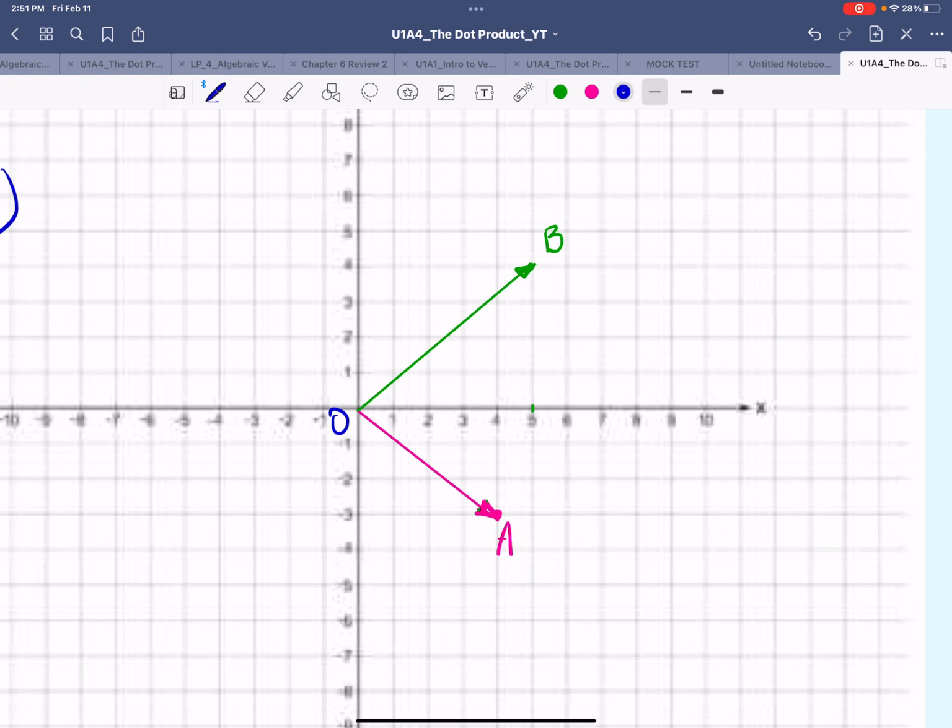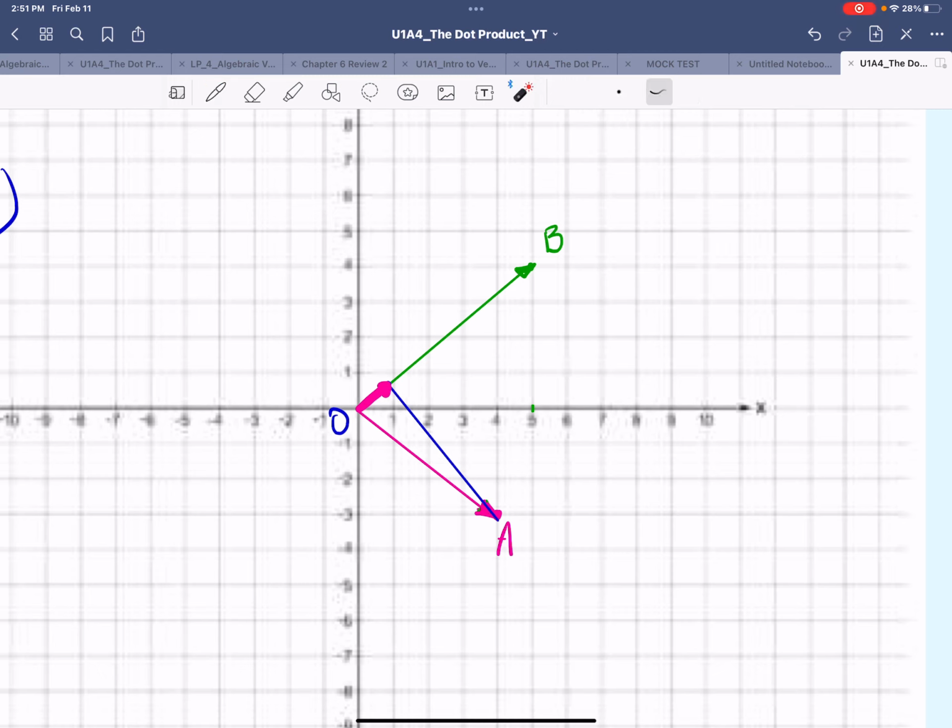I'm going to try my best to draw a perpendicular here. Obviously it's eyeballing a little bit, but the idea should be there. If you drop the perpendicular onto OB, you would see that the foot of the perpendicular would be right at this point. This will mark the projected vector, or the vector projection of OA onto OB.